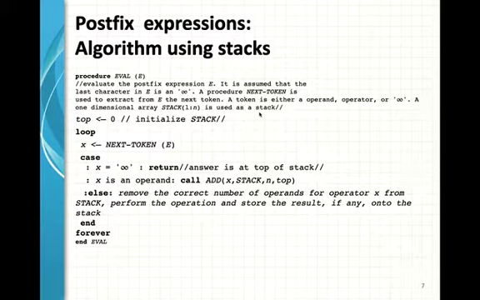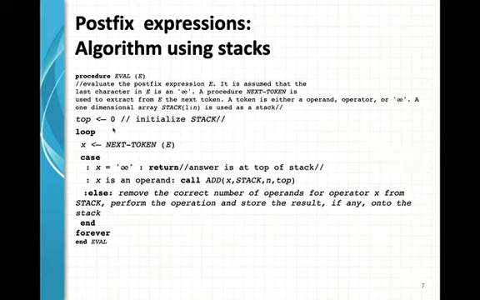Many algorithms or books may start with 0, and then the end will be n minus 1. Since I have started with 1, my endpoint is n. Now what to do? Since it is a stack, there must be a top, and top will be initialized with 0.